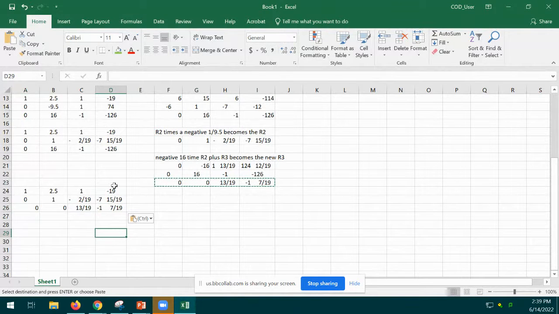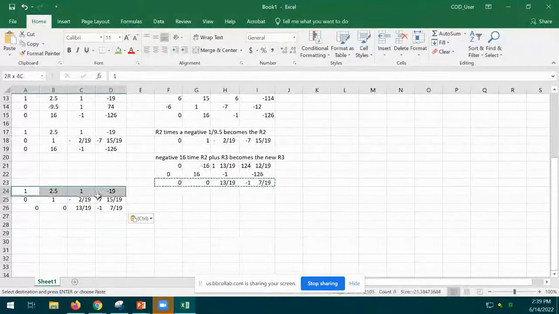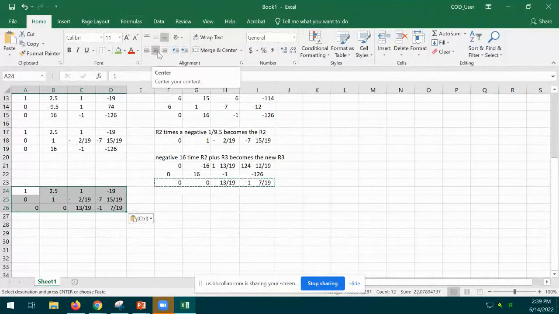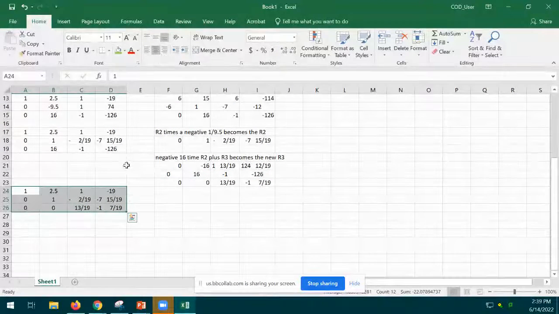Now, what we've done is we've reduced this, but now we're in a good place to do this. Now, note, and I'm going to center these things.